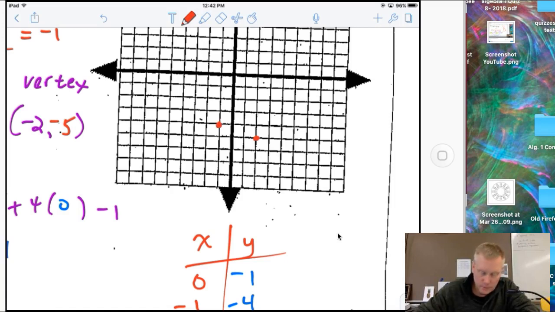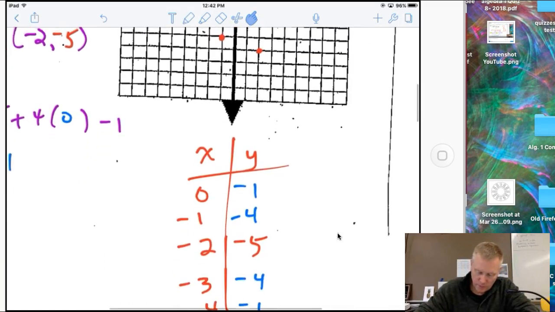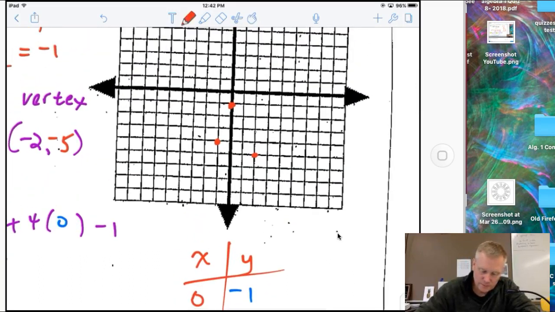And I can tell you already there's a mistake here. When I go over here and I go negative 3, negative 4, I'm not getting a symmetrical kind of pattern. My mistake is I put that one in the wrong spot. This should have been negative 2, negative 5, which is actually over here.